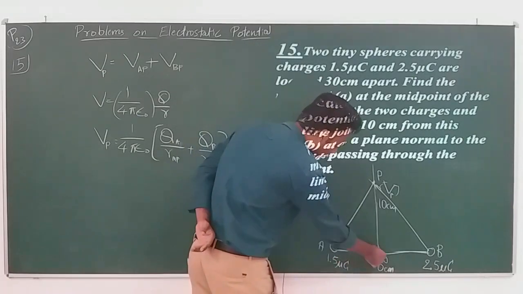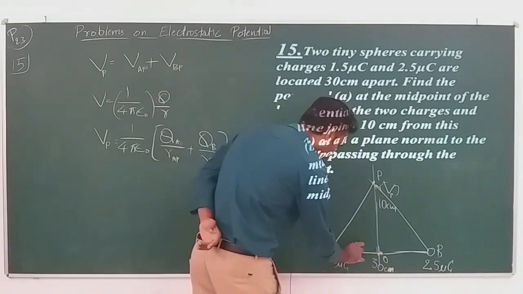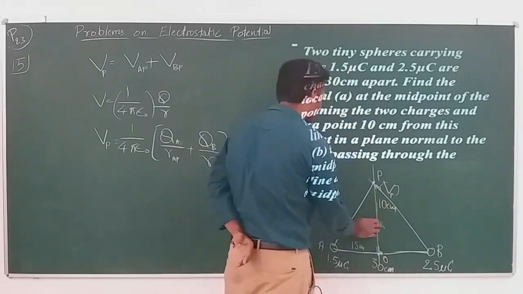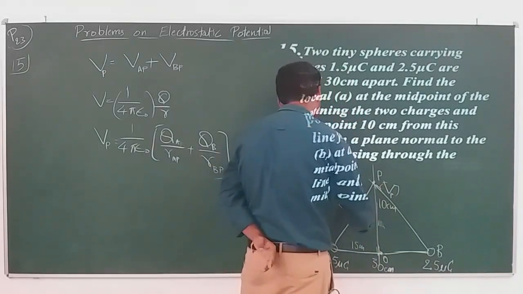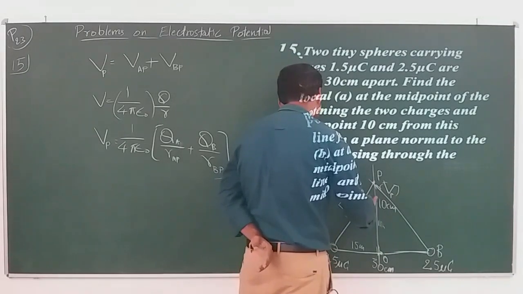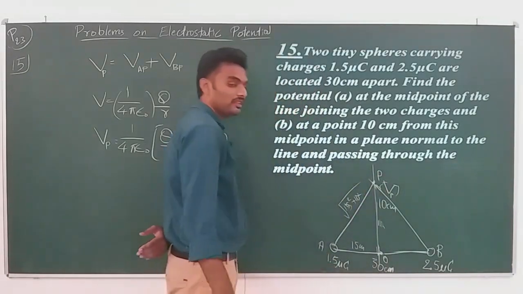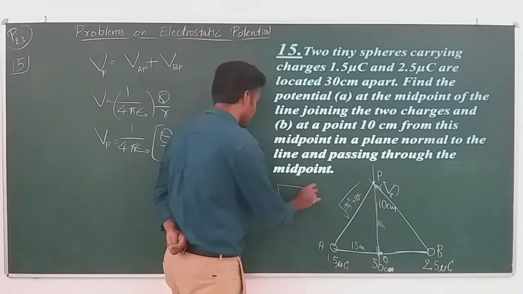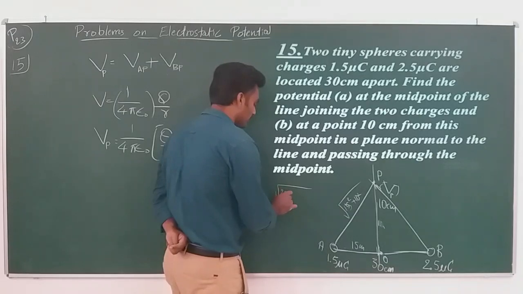And look at this, this is 15 centimeter, and this is 10 centimeter, here it is. So, this will be root of 15 squared plus 10 squared, which is root of 225 plus 100, root 325.